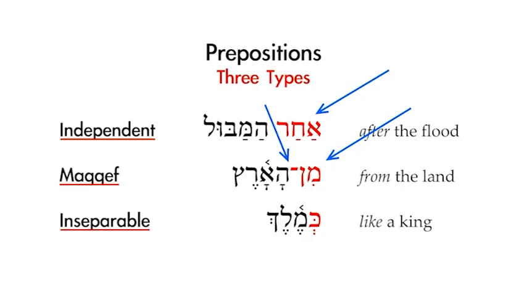When this happens, the makef indicates that the whole unit, the min haaretz, is pronounced as a single accented unit. That is, the preposition has given up its accent to the object of the preposition. And finally, there is the inseparable preposition like kamelech, and this, like the definite article or the conjunction vav, is prefixed to its object.